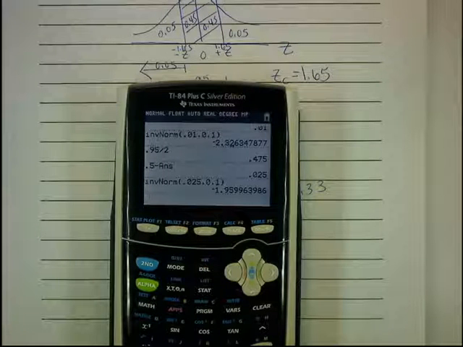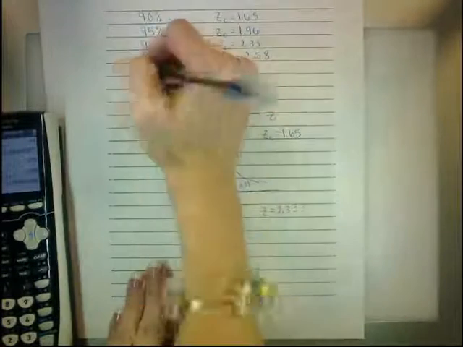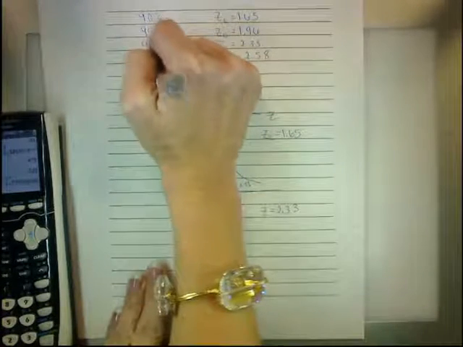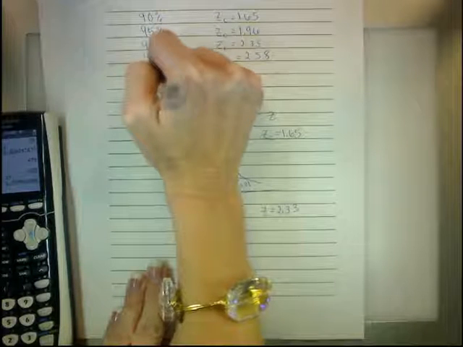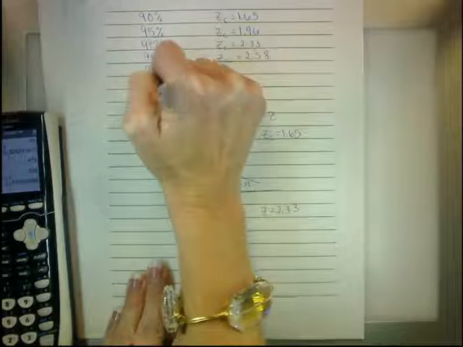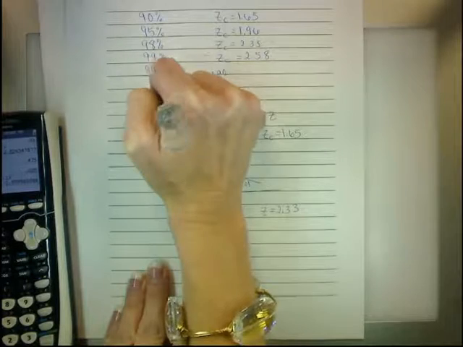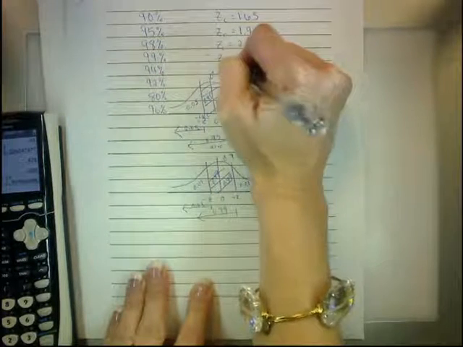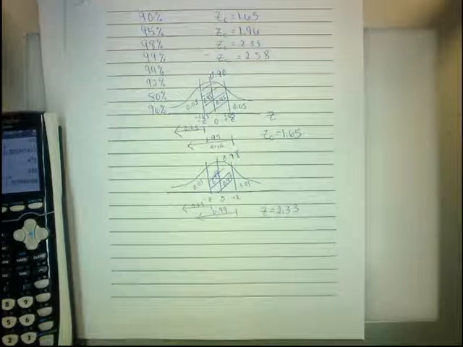So you can quickly do it on the calculator if you don't want to draw the picture every single time for these. Please make a note that I will on purpose ask you for 94% z intervals, 92%, 80%, 96%. And you have to know the corresponding critical value, those z-scores.